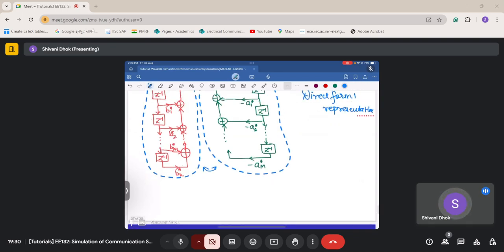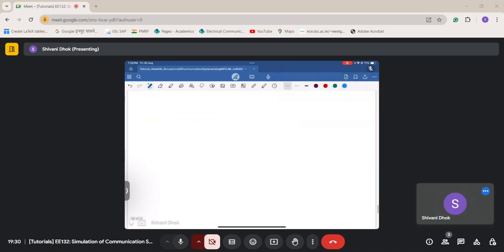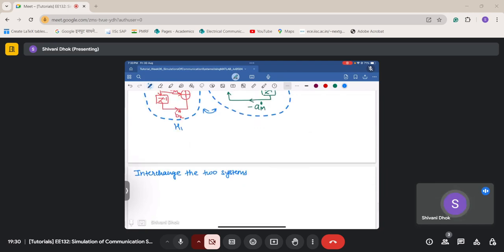So this is your h1 and h2, h1 and h2, to get direct form 2 representation.